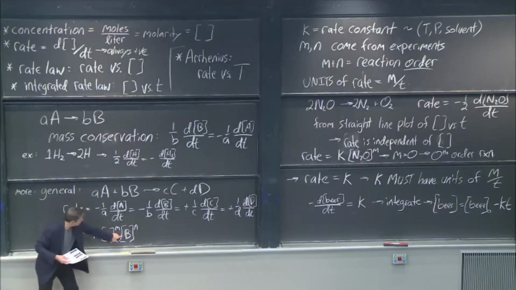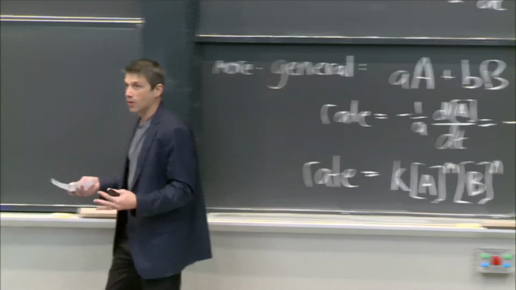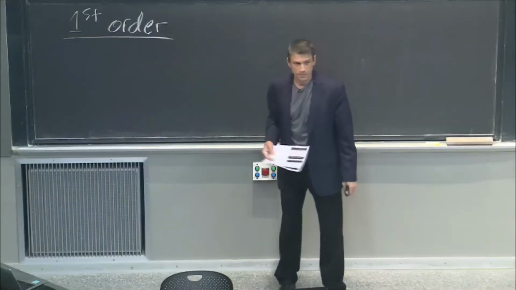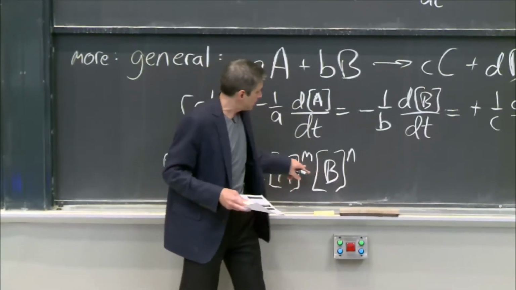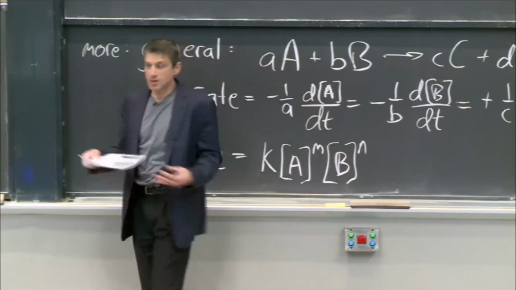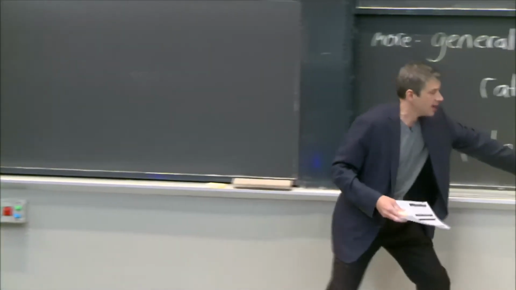Or if I have two reactants, the addition of them is first order total. Or it might be dependent on two reactants, and it's first order in each of them, but then second order overall because they're multiplied. But let's stay with the simpler case of just one reactant, A.